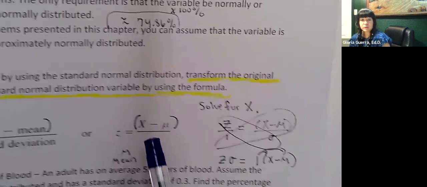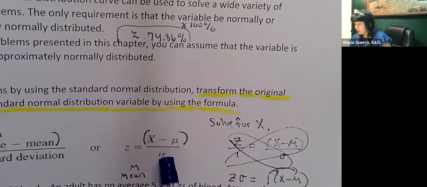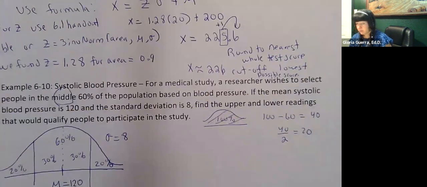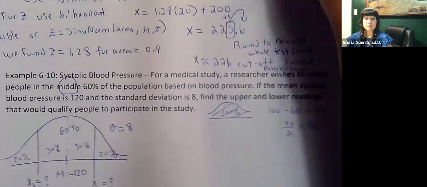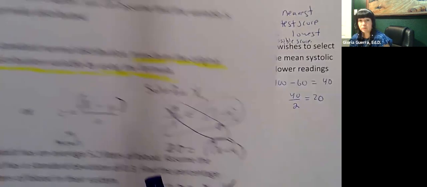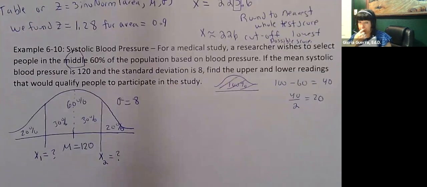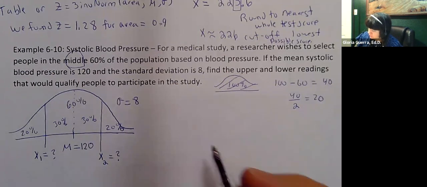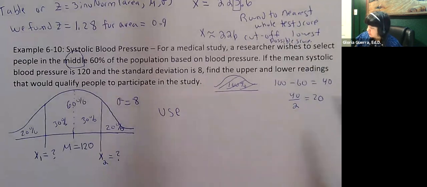For this formula, you need x's: x minus mu divided by sigma. And we don't know our x's. So that's why I can't run it through this formula if I don't know my x's. Got to find that. Okay, so what I've got to do is I'm going to have to use, let me see.